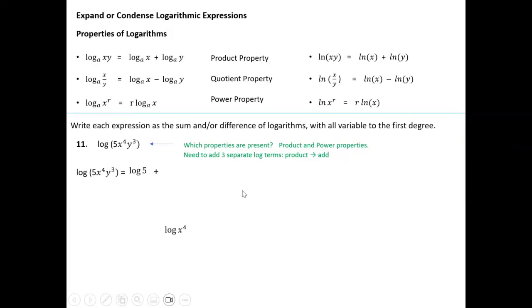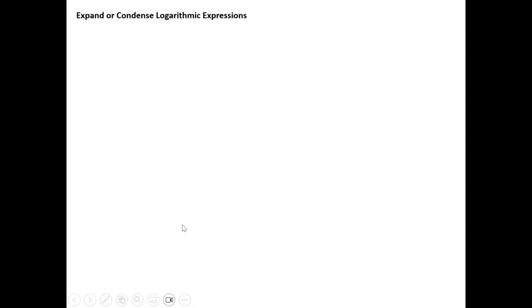There's 1, there's 2, there's the other one. Now remember, guys, we want to expand it. When you expand them, there are no exponents, so the exponents go to the front. The 4 goes to the front, and the 3 goes to the front. And this is my expression already simplified.